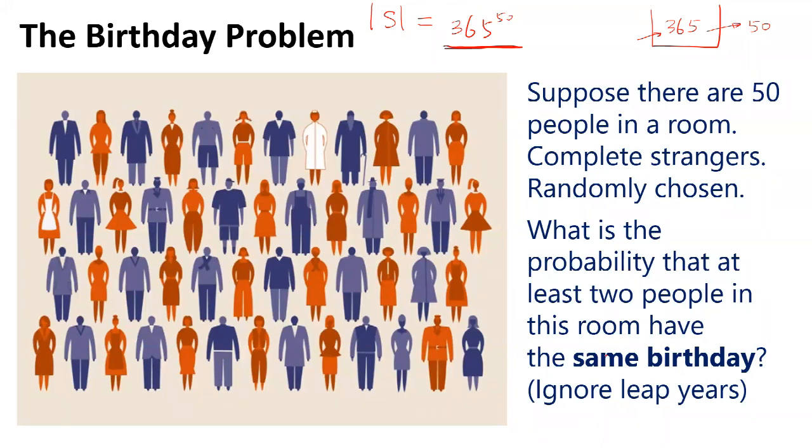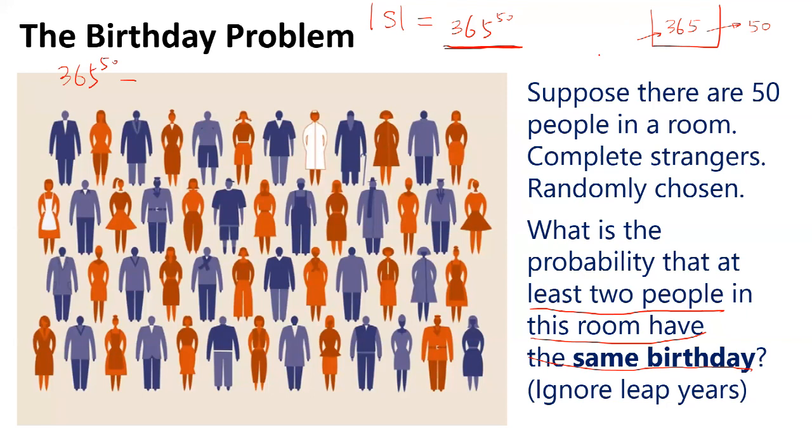How about this event? This event requires that at least 2 people in this room have the same birthday. So we can consider the opposite of this event, right? We can use the total number of outcomes subtracted by the number of outcomes in which no people share the same birthday.